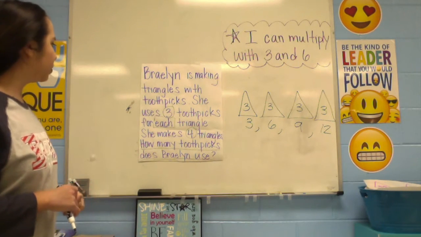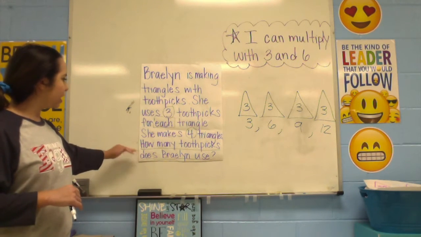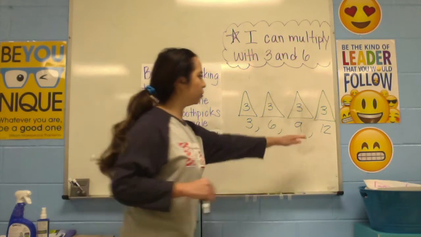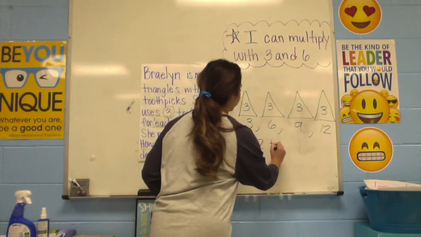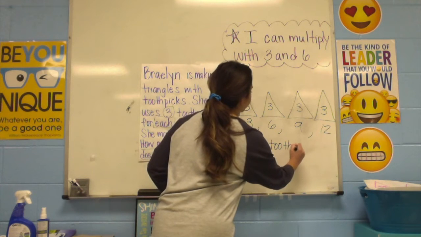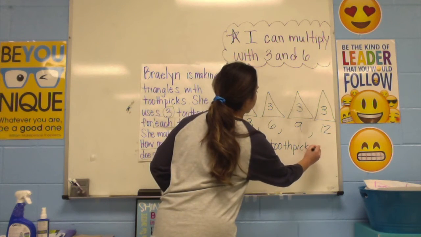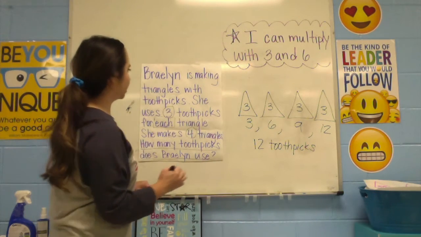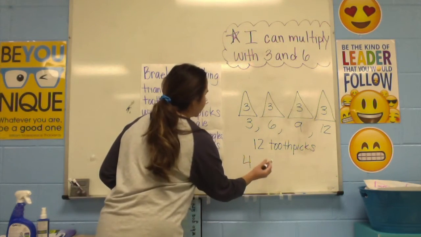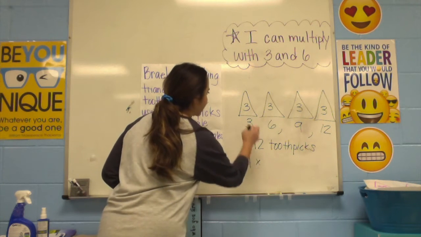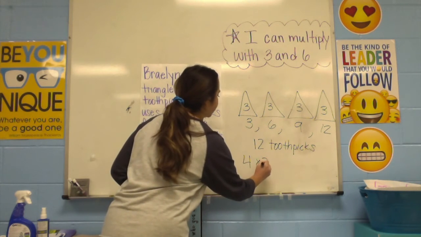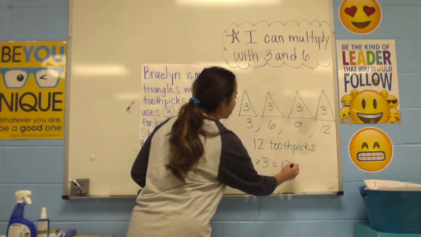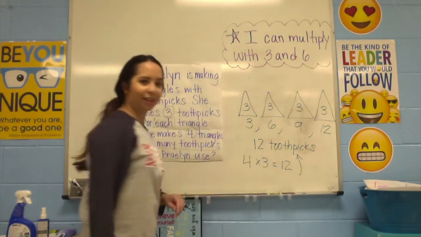All right, so going back to the question, how many toothpicks does Braylon use? She uses a total of 12 toothpicks. And the multiplication sentence that represents this problem is 4 triangles, that's my equal groups, 4 times the number of toothpicks Braylon uses, 4 times 3 equals 12. 12 toothpicks.